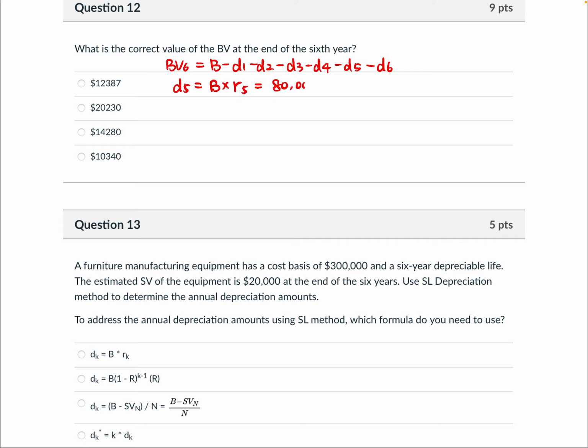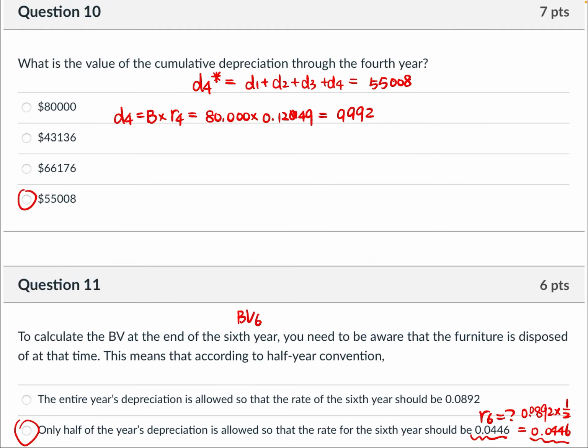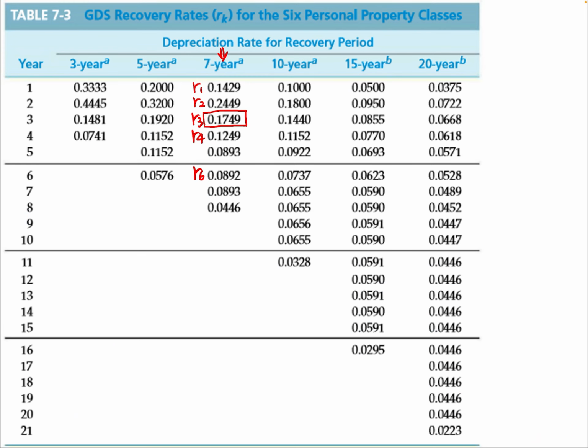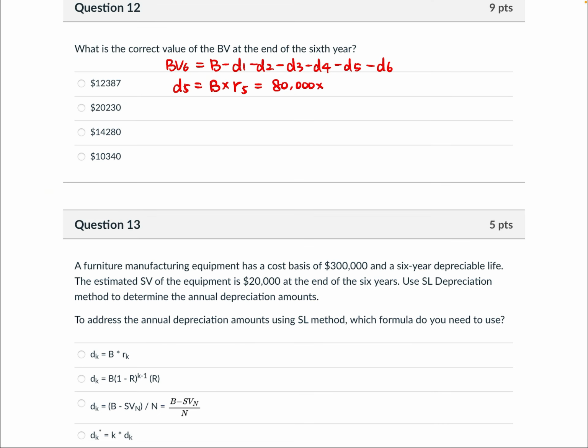B is 80,000. R5 is what? Go back to check this table. This is R5. R5 is 0.0893. So D5 is 7144.